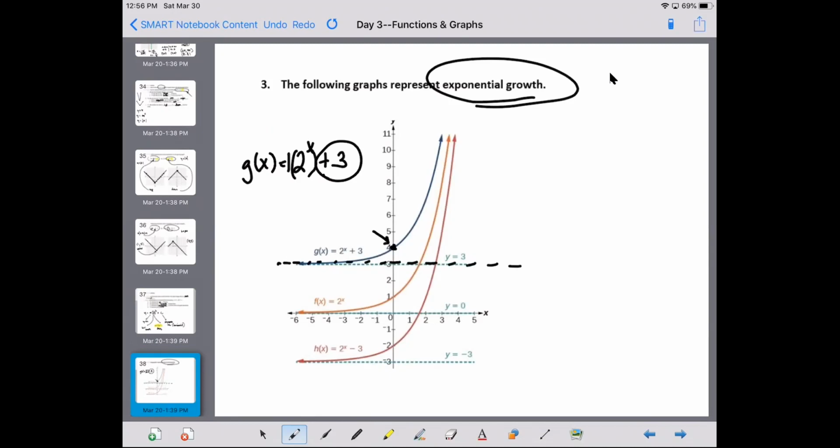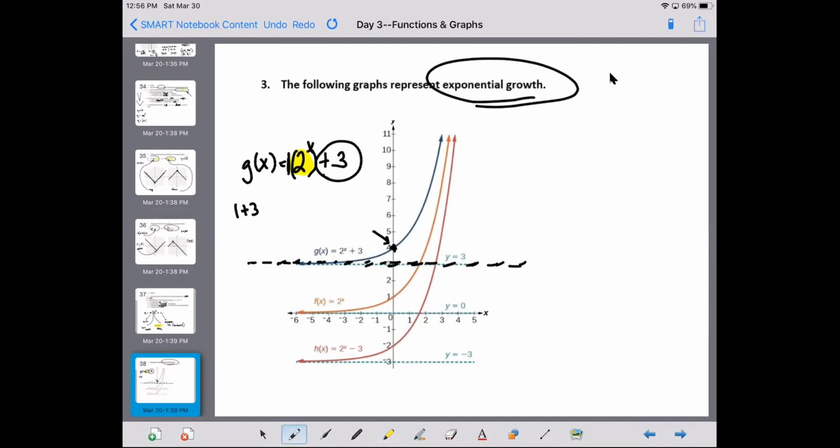Well, what's 1 plus 3? The y-intercept was at 1, but we're shifting the graph up 3. So now 3 plus 1 gives me 4. That's my new y-intercept, with the asymptote line at y equals 3. Notice the base is 2, so that is larger than 1, so we are going to see it grow.